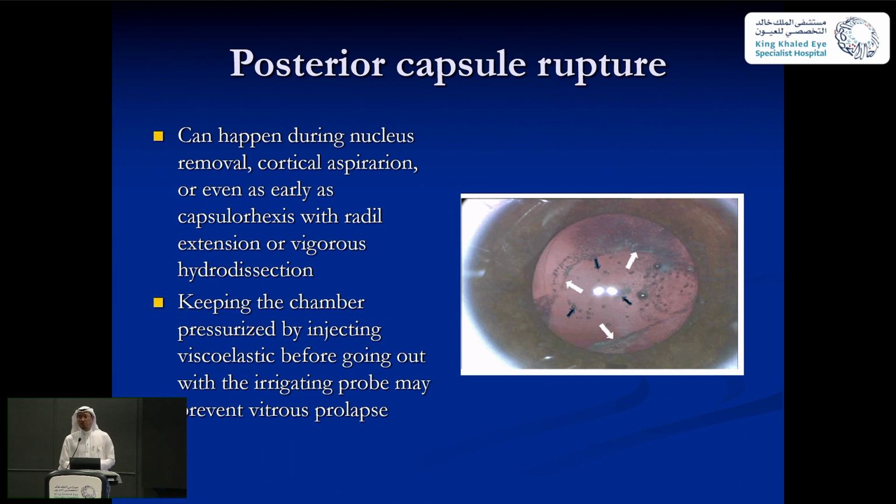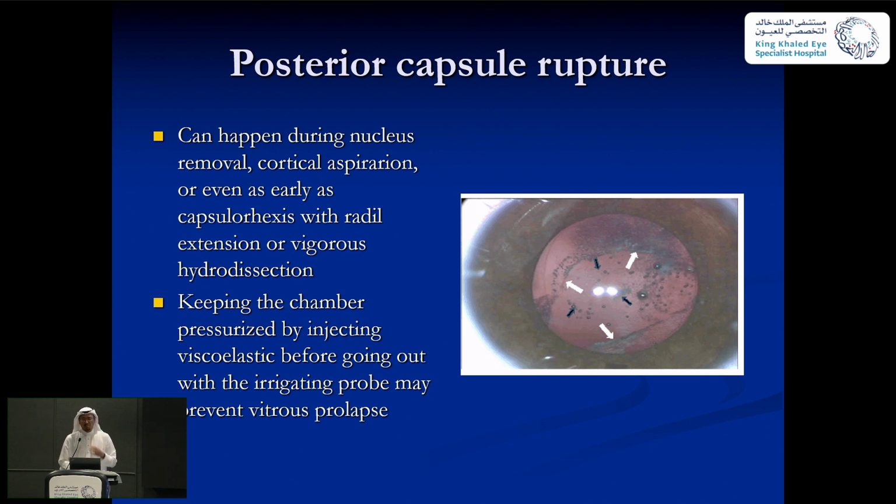So whenever you see the nucleus go back more than usual, or the nucleus is tilting, stop and inject viscoelastic before you go out from the eye, and then go out of the eye and reassess the situation.